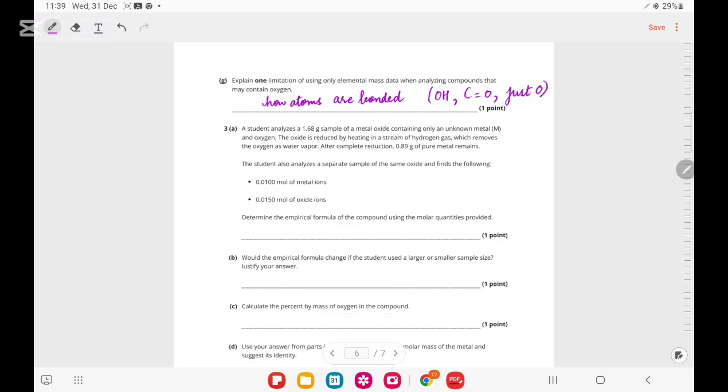So it does not help us to distinguish between the functional groups.